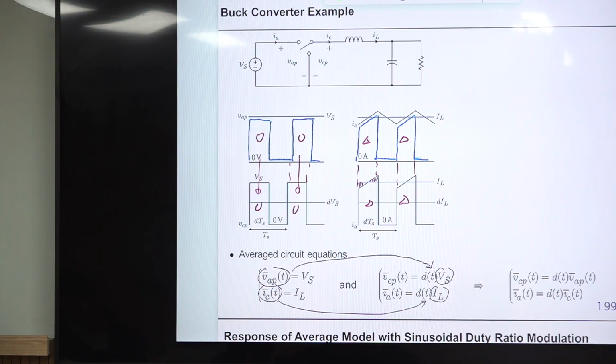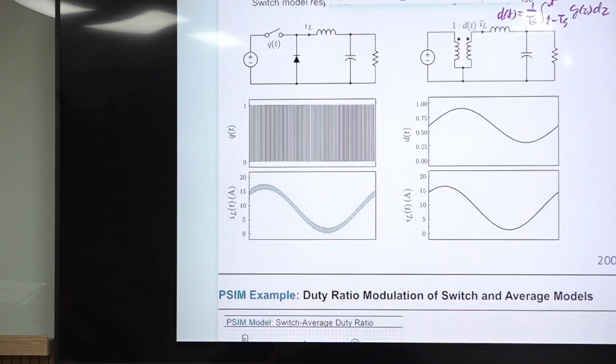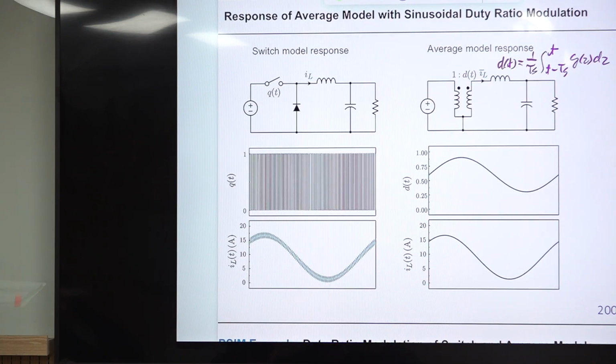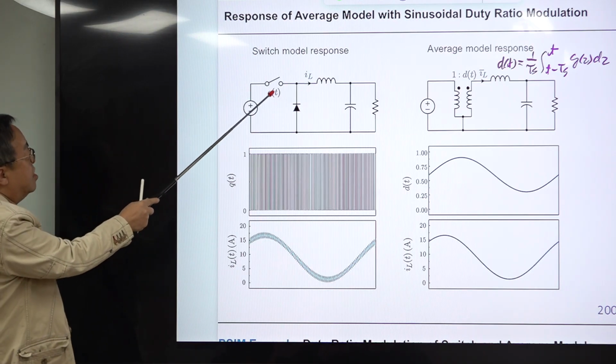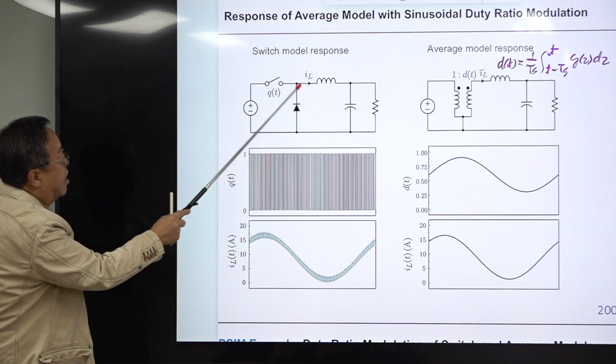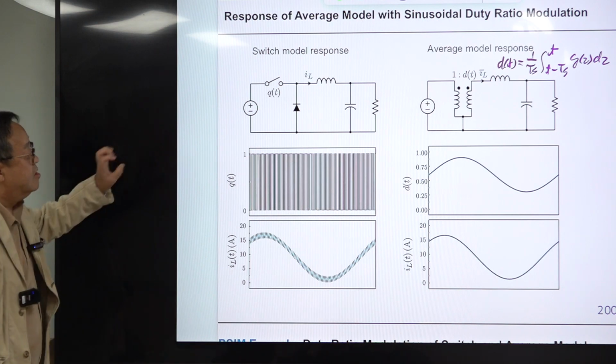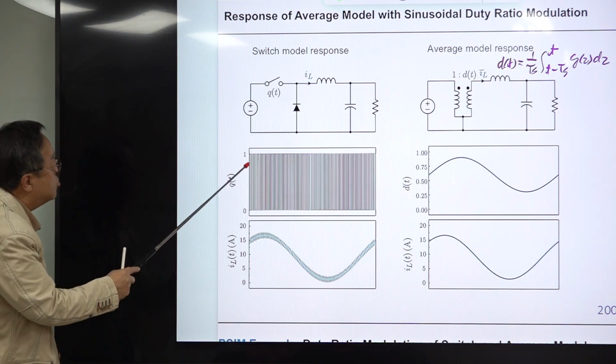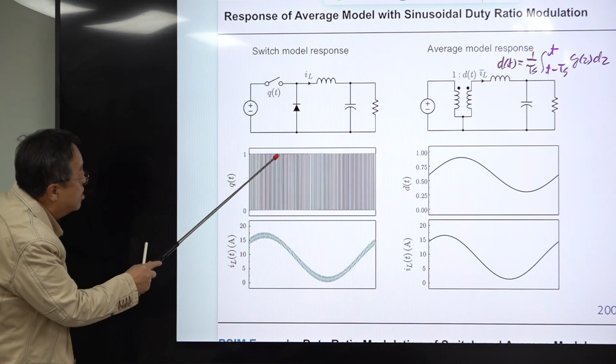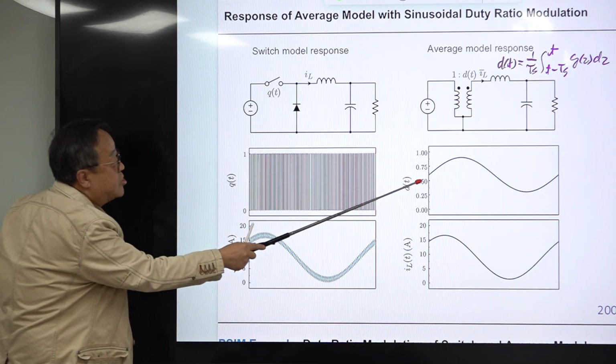So let me show some examples of the further meaning of the averaged model. This is the same buck converter, and this is the switched model. Here is the switch, and everything is periodic here, and the switch drive signal QT is modulated in this fashion.